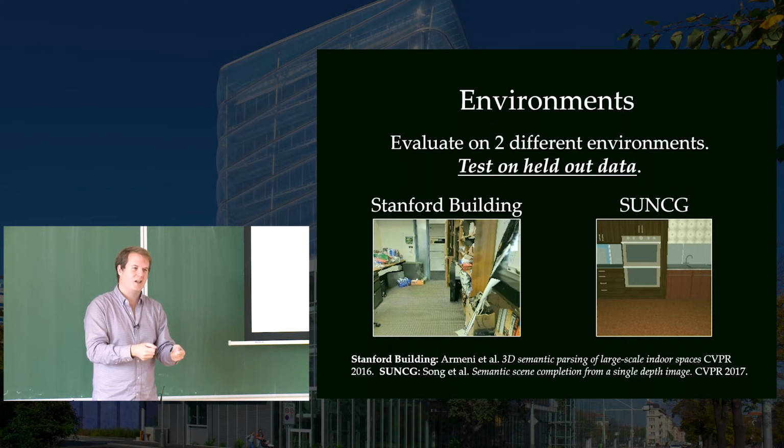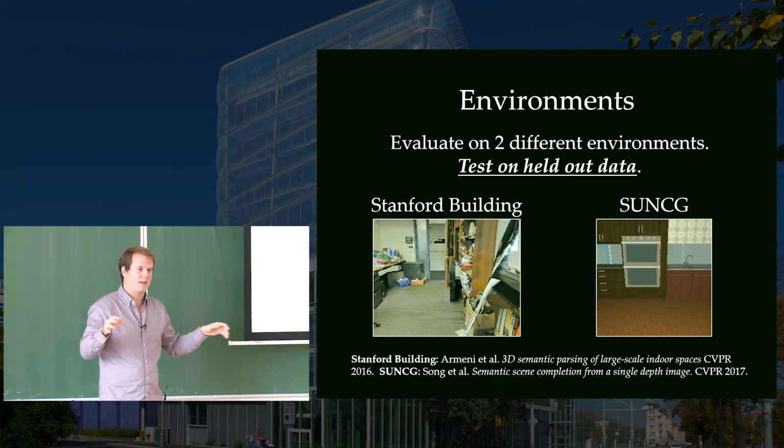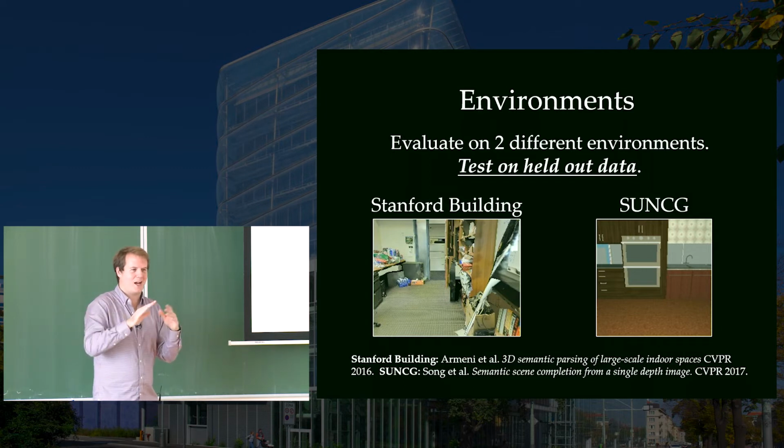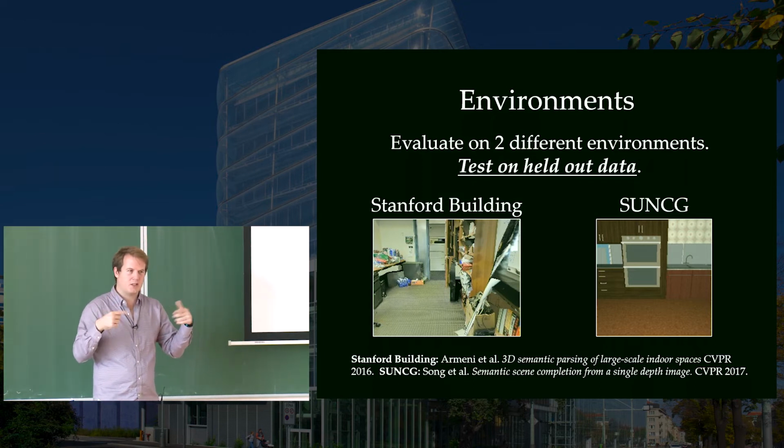You can change the environment without leaving artifacts that a network will pick up on. So if we take the Stanford building data set or any other data set, and we just start adding obstacles, the network will very easily figure out, wait a second, this obstacle has been added, or this obstacle has been removed. So they can use that to cheat. And so the artificial environments are a nice way to actually control this.